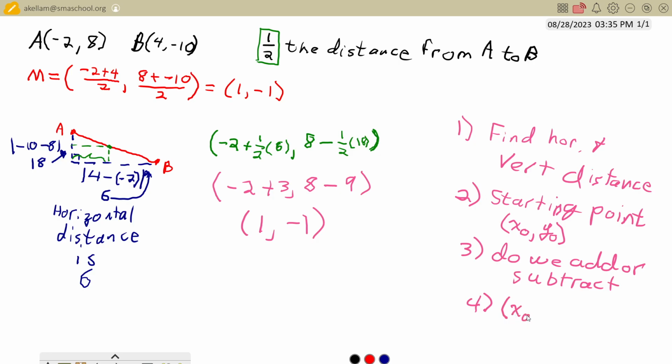Our starting x value plus or minus our fraction times our horizontal distance. That is our new x coordinate. Our new y coordinate is y naught plus or minus whatever our fraction is times the vertical distance.